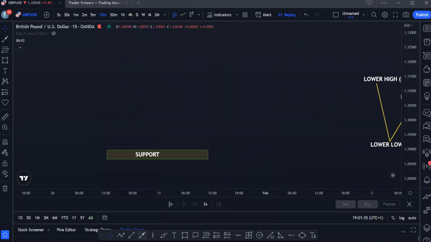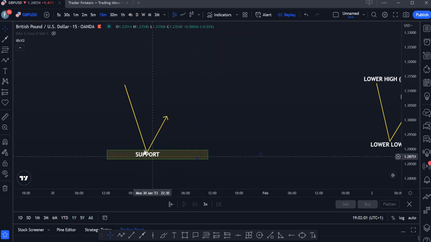How did we identify that it's support? Because we saw price coming down like so, and then suddenly we see a sharp reversal. You cannot miss it. It will be glaring to the eye that there is a reversal. So when you see a reversal happen like so, know that a support zone was responsible for pushing price up like this.